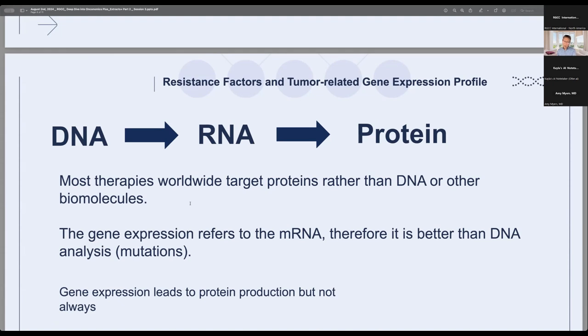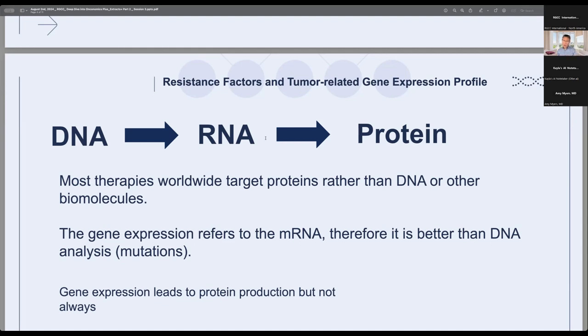Most therapies worldwide target the proteins rather than DNA or biomolecules in terms of treatment. Now, gene expression refers to the mRNA. For RGCC, we are testing the mRNA, and it's better than just a DNA test because with DNA mutations, you are basically looking further upstream before going downstream.